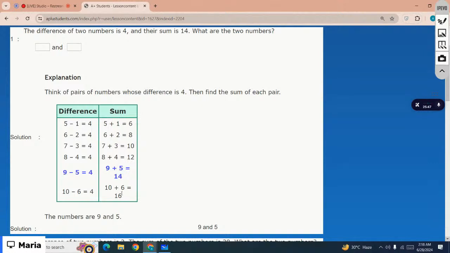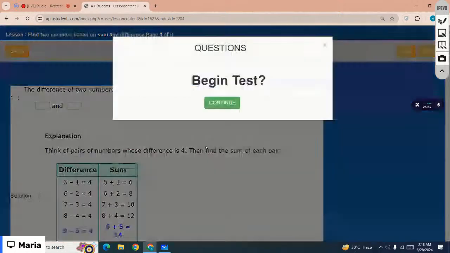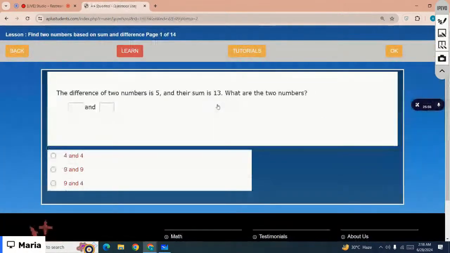Okay, let's just start with the test questions. Okay, the difference of the two numbers is 5 and their sum is 13. What are the two numbers? So when you are given the options, it is very easy to find the answer, right?